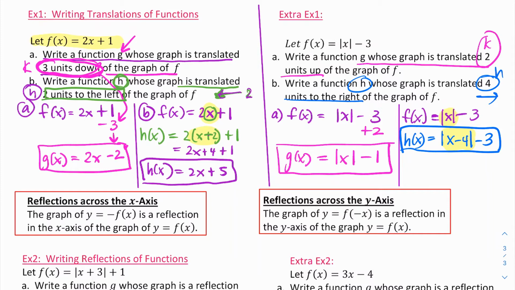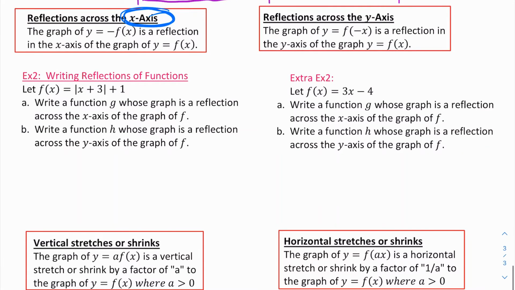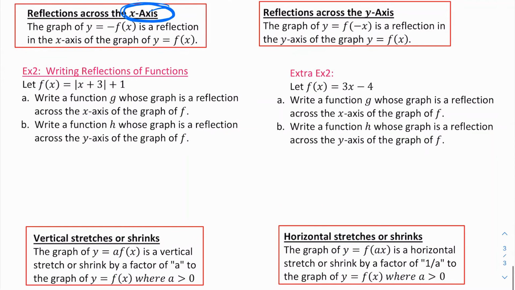Now for the next problem. Here we have reflections in the x-axis, which make the entire function negative. So the entire function will be negative. And then we have reflections across the y-axis.